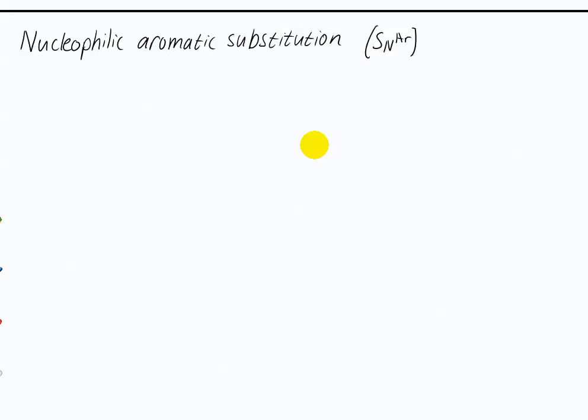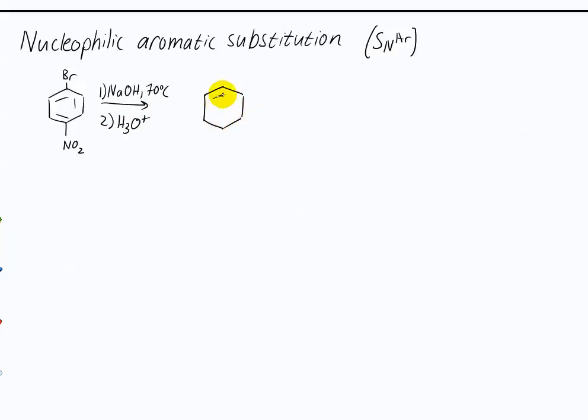So we see reactions like this. One of the main important reasons for nucleophilic aromatic substitution, or uses for it as a synthetic technique, is the preparation of phenols. Notice that we haven't yet talked about how to make phenol.